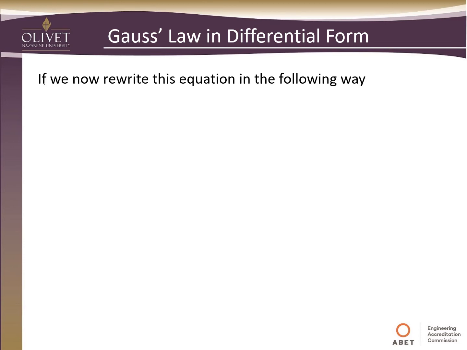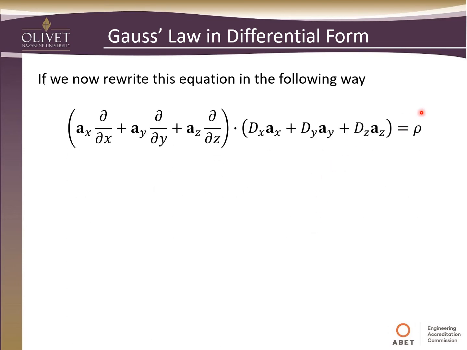So now we can play some tricks with the notation and make it a little easier to read. Here we can rewrite that as the partial with respect to x of Dx. This will be the only part that's executed because we're dotting, so this will be the a_x's. Again, with the a_y's the only ones that'll contribute there, so it'll be the partial with respect to y of Dy, and again the partial with respect to z of Dz.